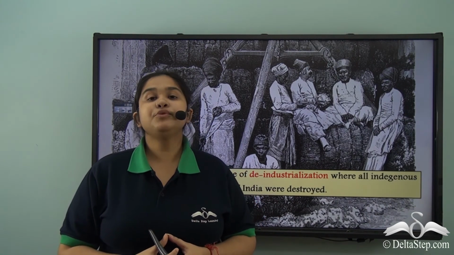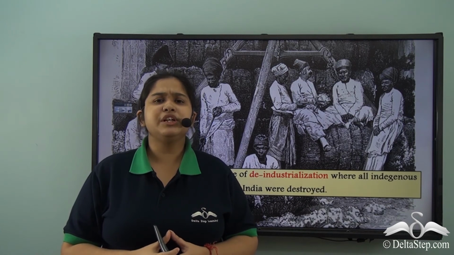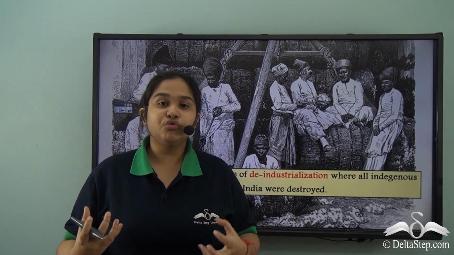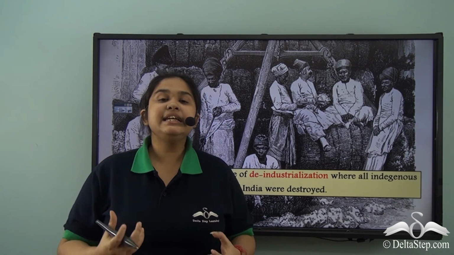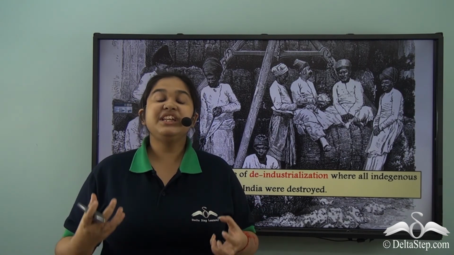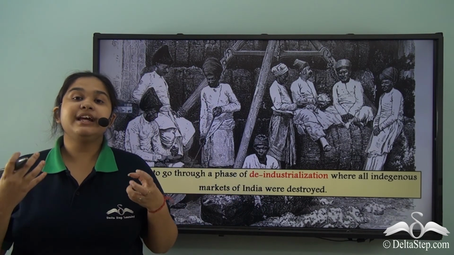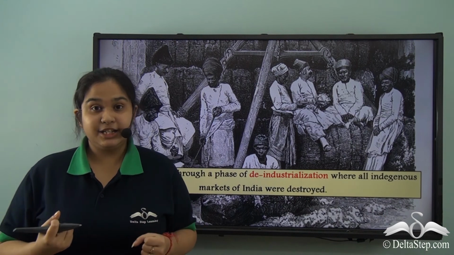So what happened with the colonial markets and the colonial goods? Well, the colonial markets had to go through a man-made de-industrialization. So the indigenous industries had to suffer for the European industries to prosper at this point of time.